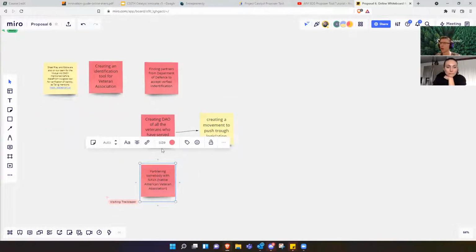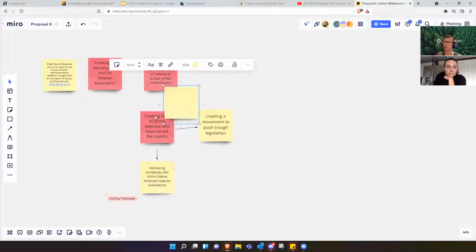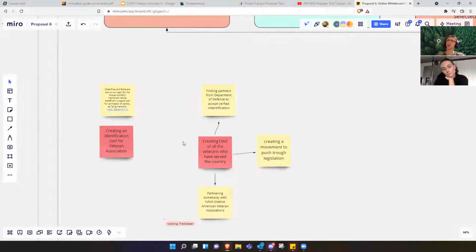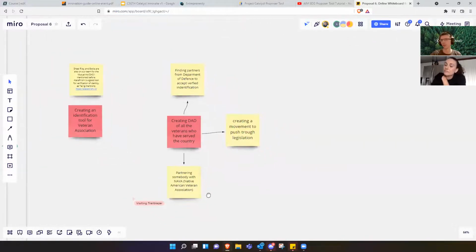Creating a DAO is a good choice, and leveraging partnering options, finding partners from NAVA, and this is more of a task to do in the DAO itself. I think the identification tool is a technical thing and might not even be needed, because the veteran associations probably have their way. The problem was that the Department of Defense didn't approve this.